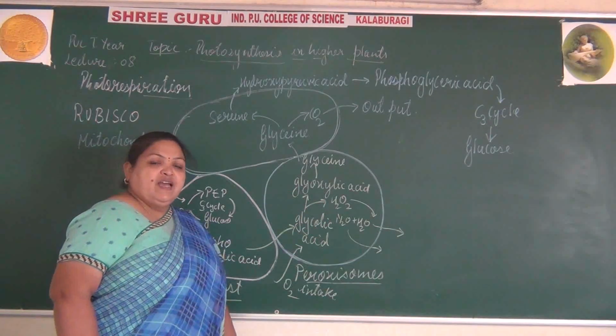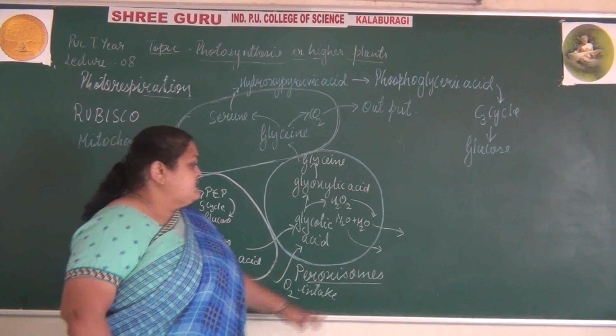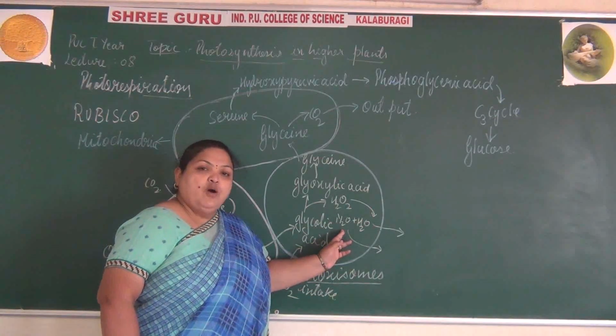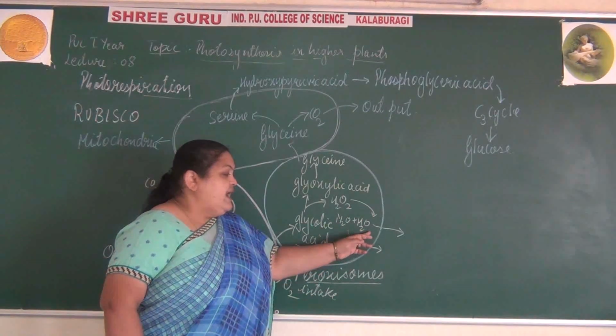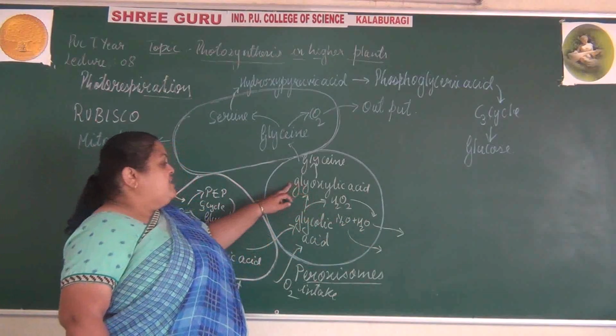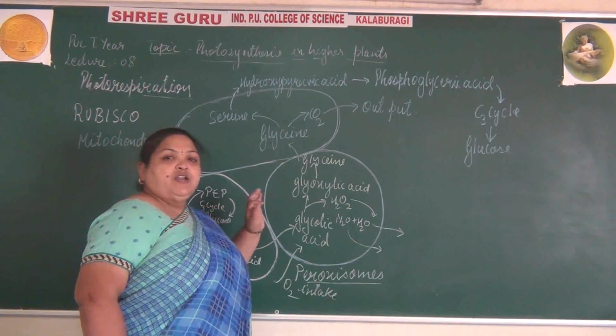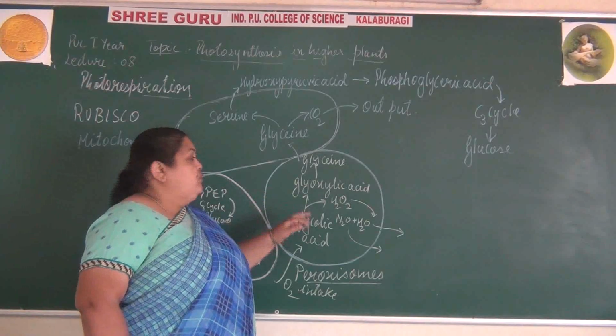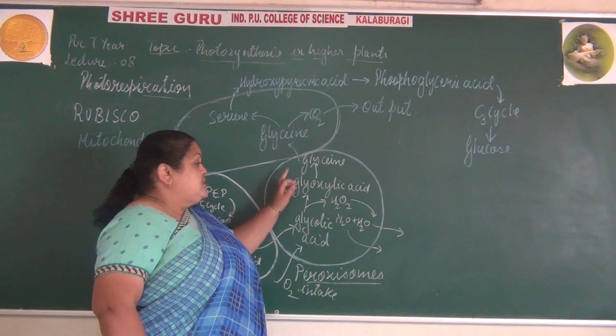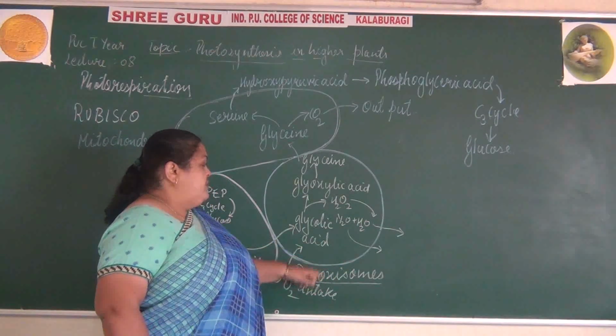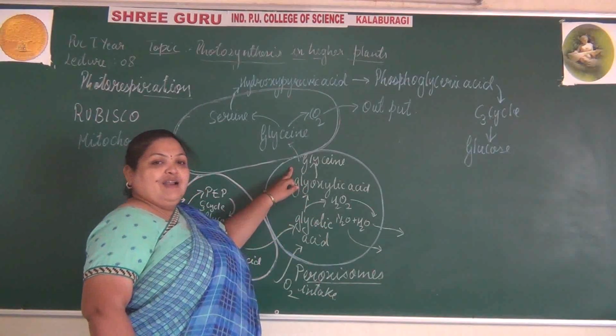Hydrogen peroxide with the help of the enzyme catalase is converted to molecular oxygen and water, while glyoxylic acid is converted into an amino compound, that is glycine. So the end product of the peroxisome is glycine.